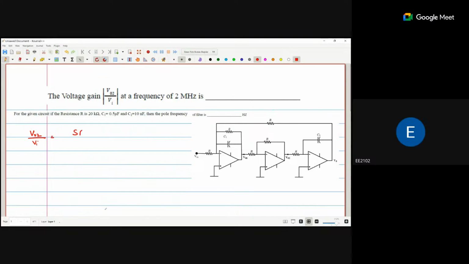That is SRC2 upon 1 plus SRC2 plus S square R square C1 C2. This is the formula. Any doubt in that one? You can refer to the videos also for that particular formula.